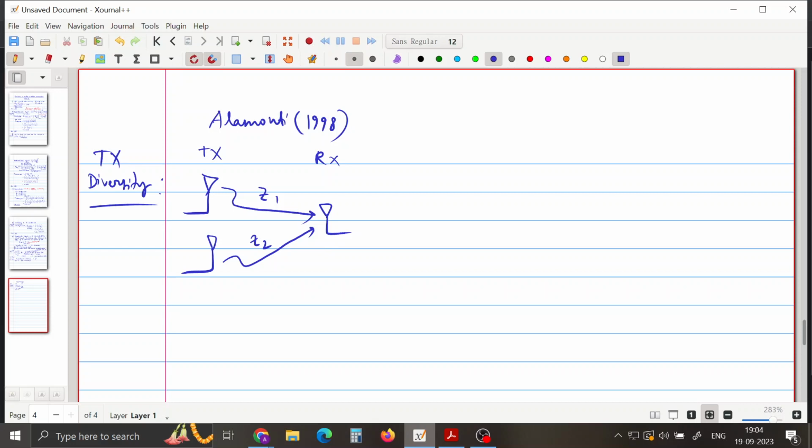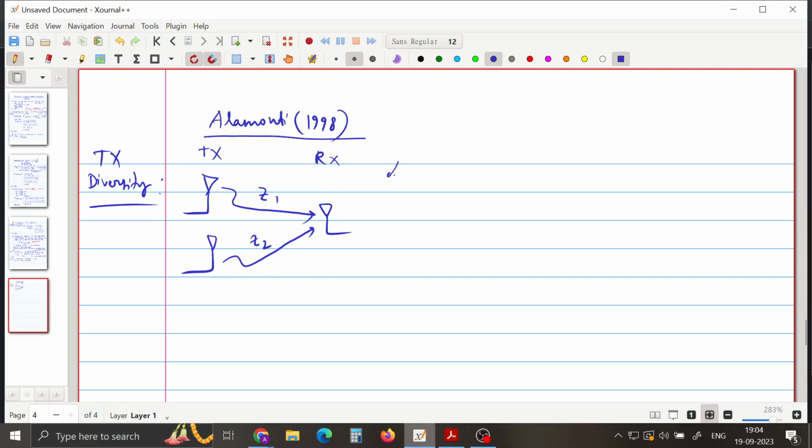You take two different time instances and transmit in a particular special way, so you take some S1 then S2 conjugate and so on. Finally you get your average SNR. That's an improvement, your diversity helps here, as the received signal, the average SNR, is benefited.